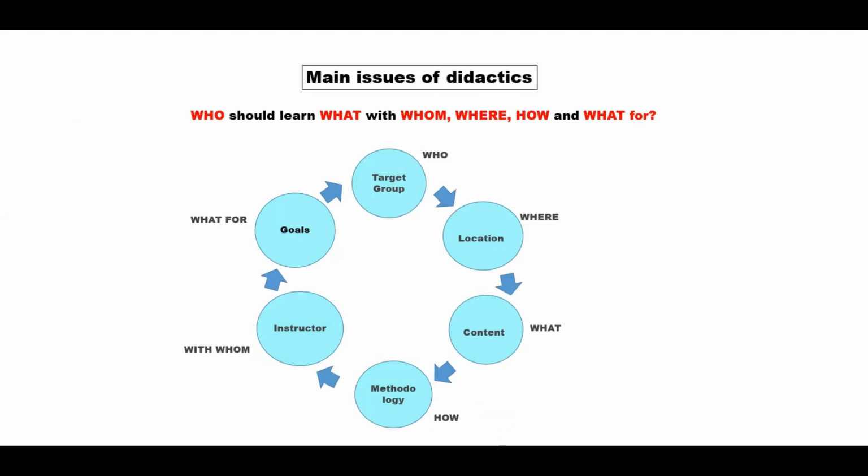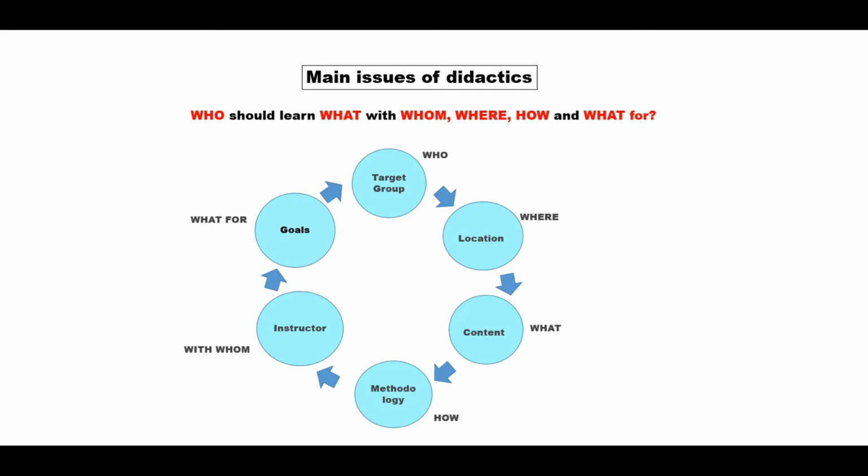Look at this scheme. Any teaching, learning situation must take into consideration these 6 components: the target group, location, content, methodology, teacher, and the goals. That is, who should learn, what, with whom, where, how, and what for.